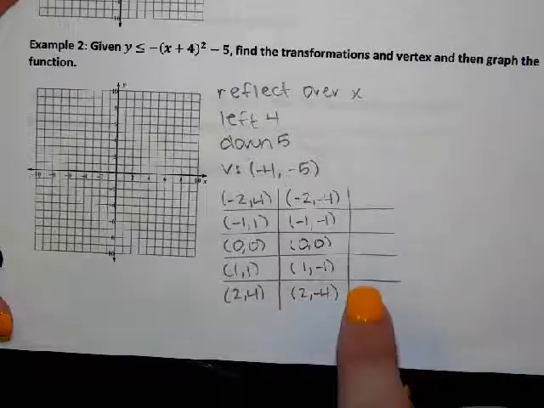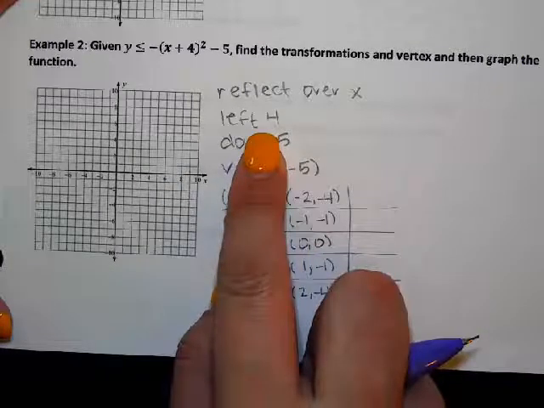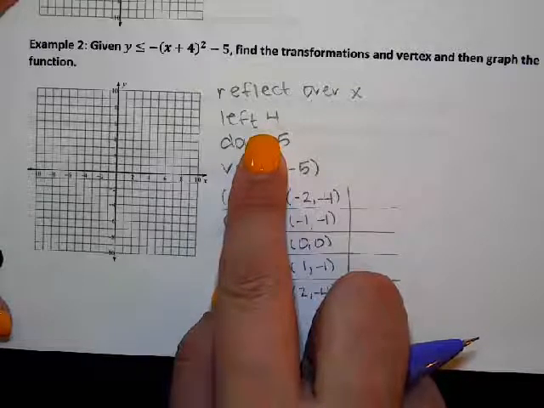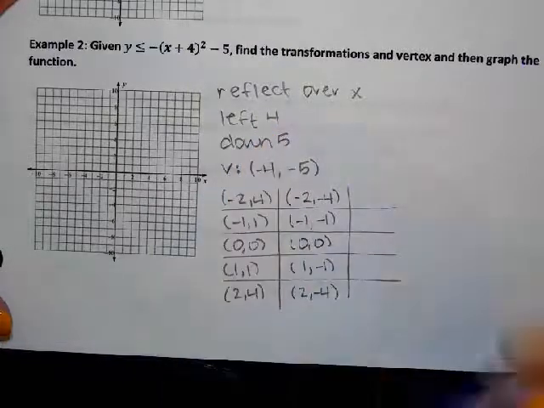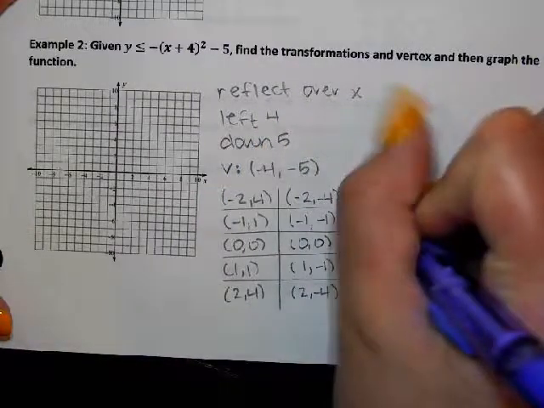Okay. How do we go left 4? Which coordinate are we going to change and how do we do it? X coordinate, and we're going to subtract 4. So take all your x coordinates, subtract 4.